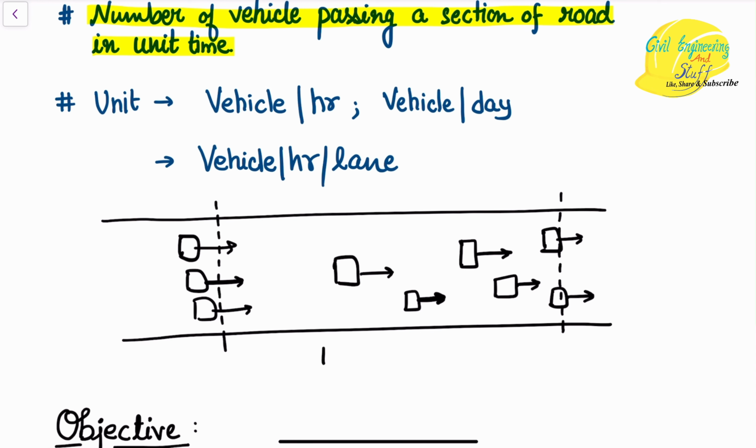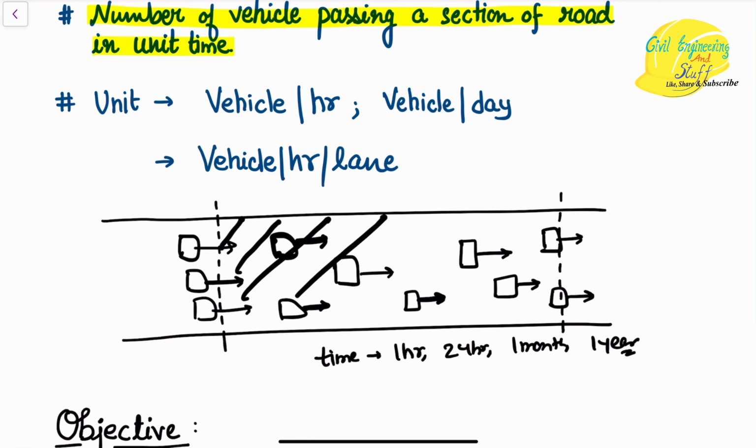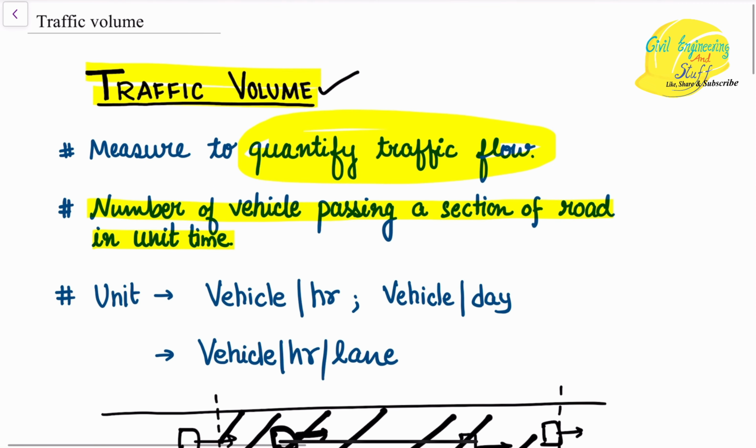Now this unit time can be 1 hour, 24 hours, 1 month, or even one full year, depending upon the extent or the precision of the traffic volume study that we want to do. So the quantity of vehicles that are moving in the study section per unit time is what we call the traffic volume.